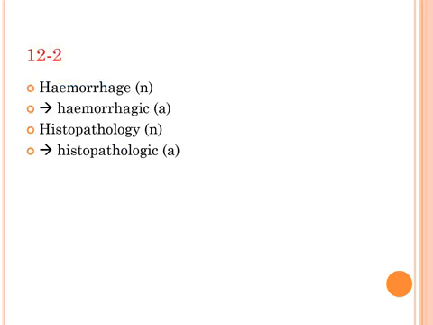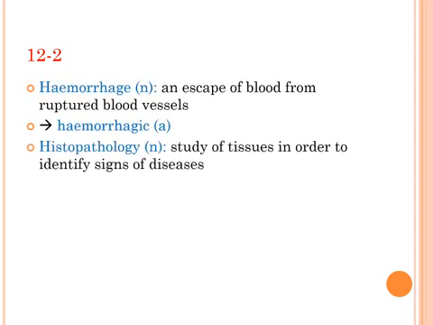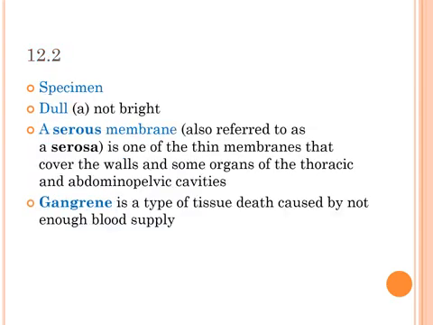Hemorrhage and hemorrhagic, histopathology and histopathologic meaning. I'm showing you some words with their meanings. You can pause the recording for better understanding before we are doing the case study reading.